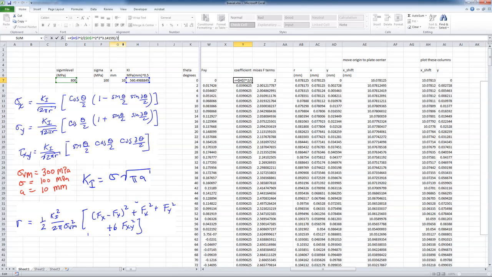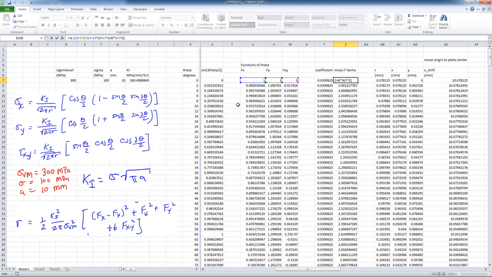And then I have the divided by 2. And that's the coefficient. And the Mises terms in here, I have fx minus fy squared plus fx squared plus fy squared plus 6 times the fxy squared. So I think everything is okay.